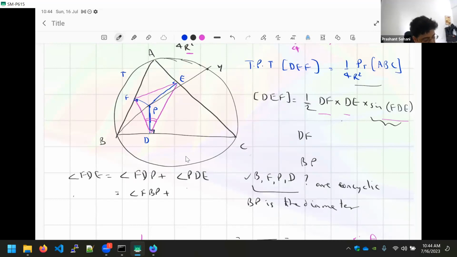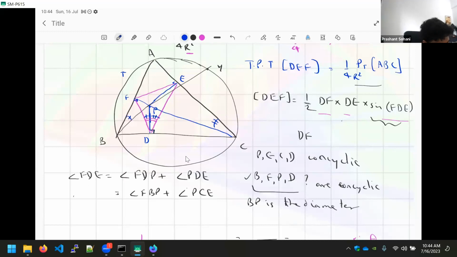So just as BFPD are cyclic, we can also see that PECD is also cyclic. And so using that, angle PDE will be equal to angle PCE. Okay. So if I just make the markings, I'm saying this angle is equal to this angle, and this angle is equal to this angle.